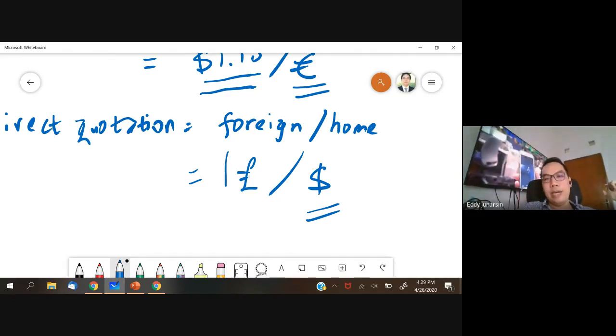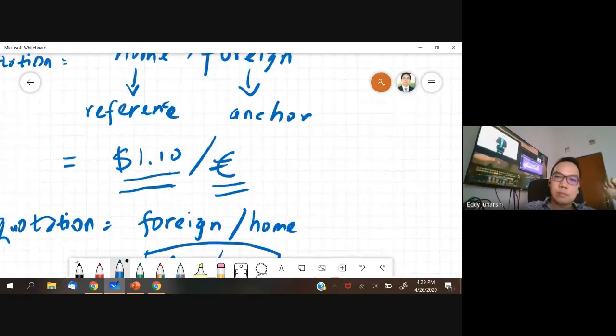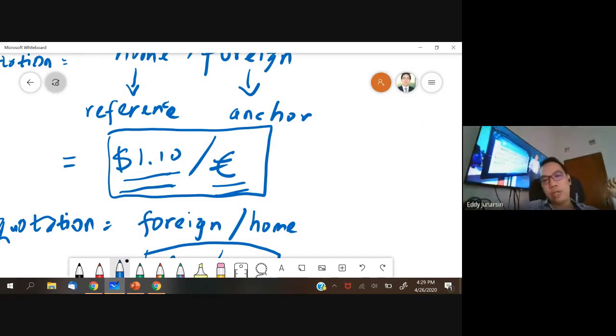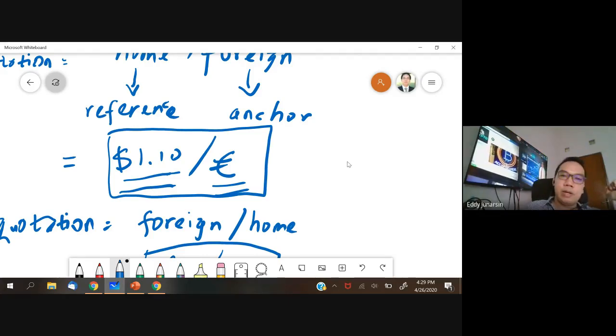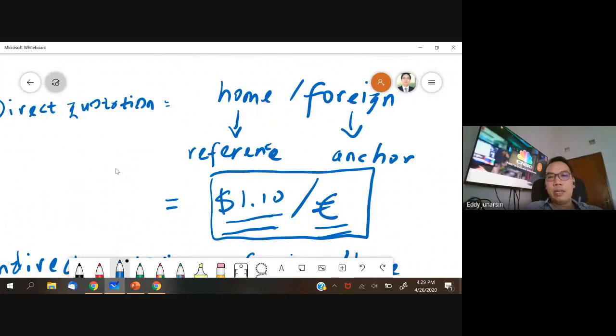But this would be a direct quotation for the United Kingdom. And for this one, this would be indirect quotation for euro, but this is a direct quotation for the United States. Okay, so just remember, for direct quotation, you mention your home currency in front.